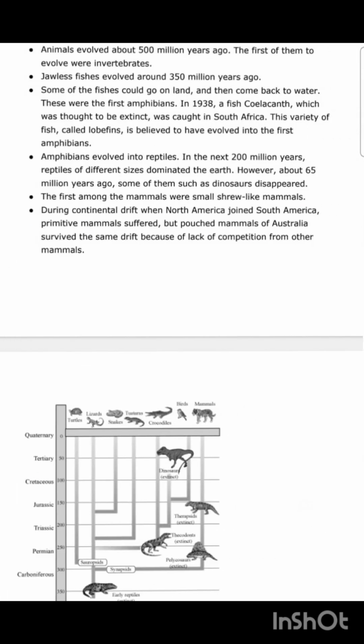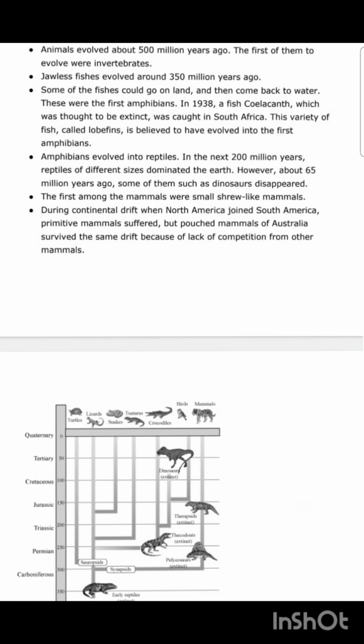Then evolution of animals. Animals evolved about 500 million years ago. The first of them to evolve were invertebrates. Then jawless fishes evolved around 350 million years ago. Some of these fishes could go on land and then come back to water. These were the first amphibians. In 1938, a fish, coelacanth, which was thought to be extinct, was caught in South Africa.